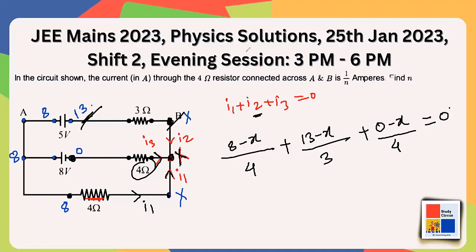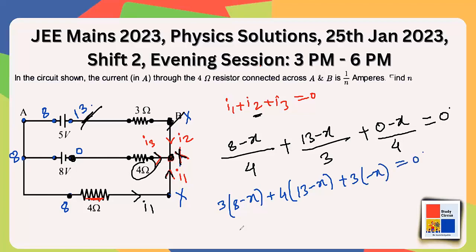So I have to simply solve this equation to get the value of the potential x. I'll multiply by 12 throughout. I get 3 times (8 minus x) plus 4 times (13 minus x) plus 3 times negative x equals 0.